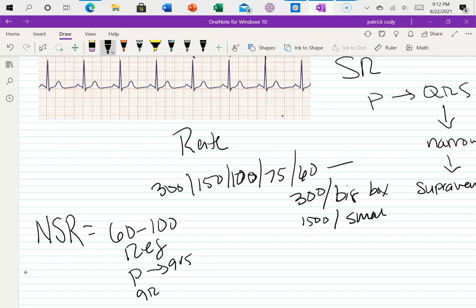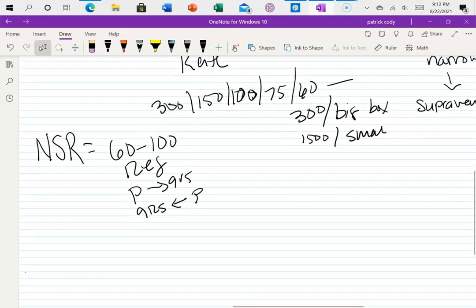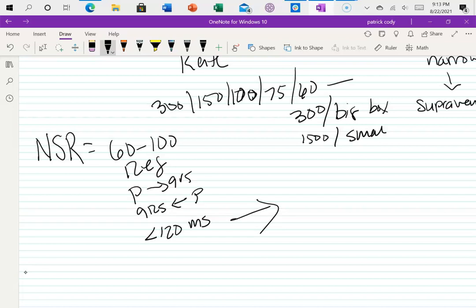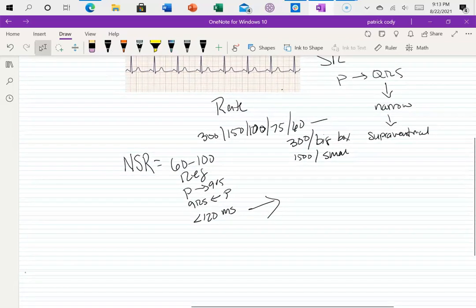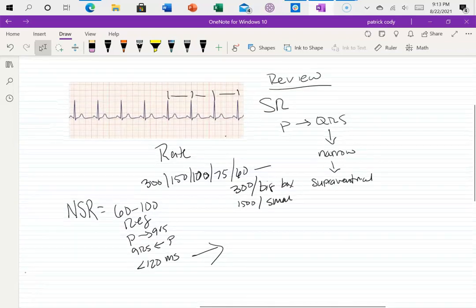We have to have a QRS complex after every P. And in general, we're going to have a QRS complex that is less than 120 milliseconds. So as of today, you've officially learned your very first rhythm. You've learned the most common normal rhythm that there is, normal sinus rhythm.